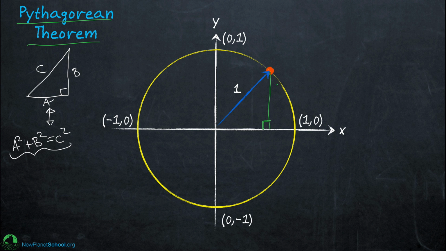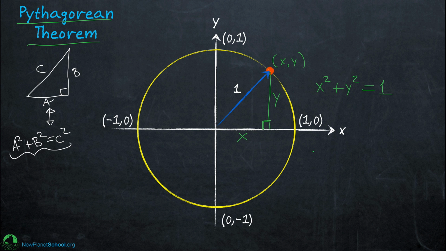So let's write this as y, and this as x, and this is the point (x, y). And what would Pythagoras tell us about this? What he would say is x squared plus y squared equals the hypotenuse squared, which is 1. Right? So this is what Pythagoras would say about any point on the unit circle.